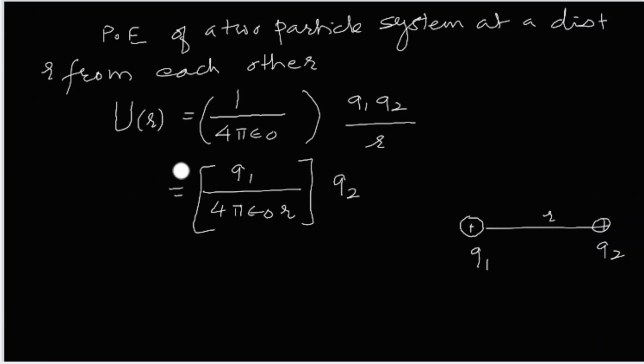What is this whole thing? It is nothing but the potential due to the Q1 charge, V1, at r distance, and Q2 is the second charge.